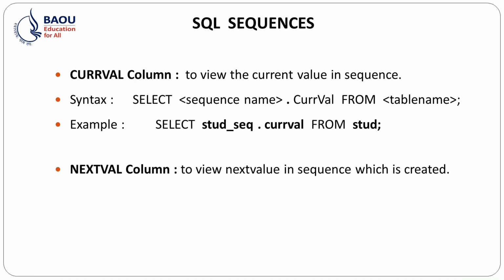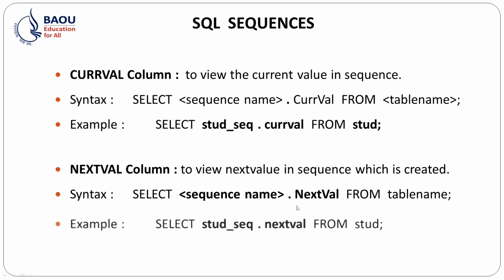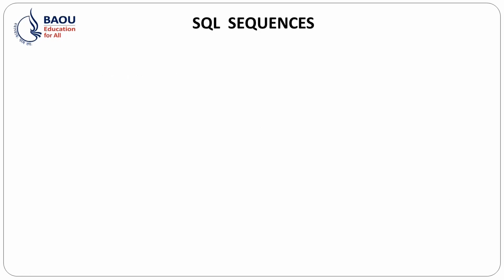This is the method to view the next numeric value which is generated by the system. Okay, and next value is the next generated value. The syntax is select sequence name dot nextval from table name. The example is select sequence name dot nextval from student.